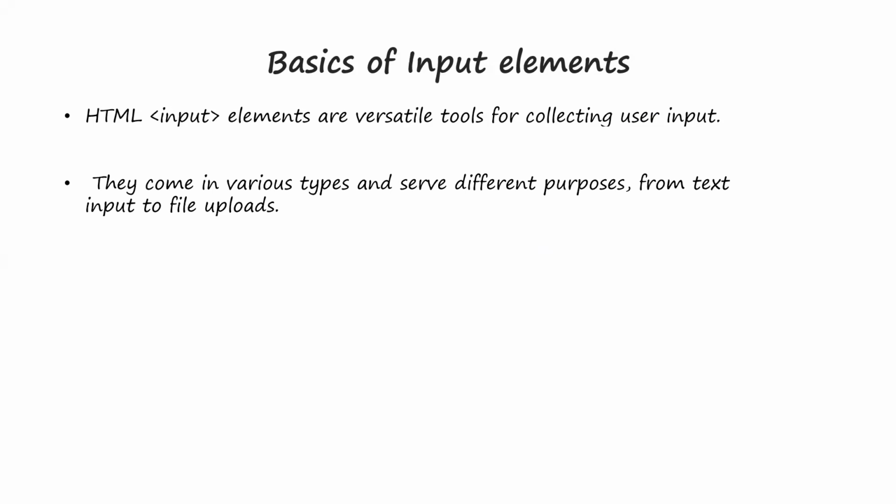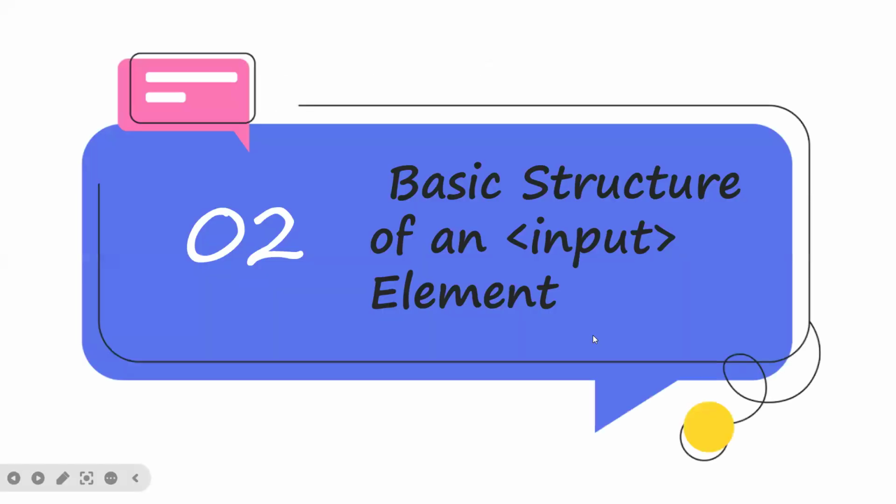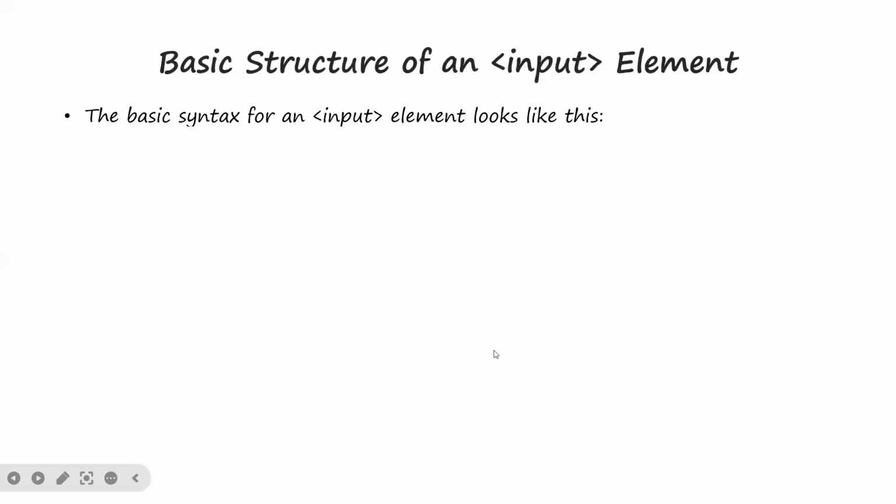So we'll just be talking about the basic input element and also most of the different types and their purposes. Okay, so let's explore each type of input and its attributes to get a comprehensive understanding. So this is the basic syntax of an input element. But the thing is that it has to be inside of a form.